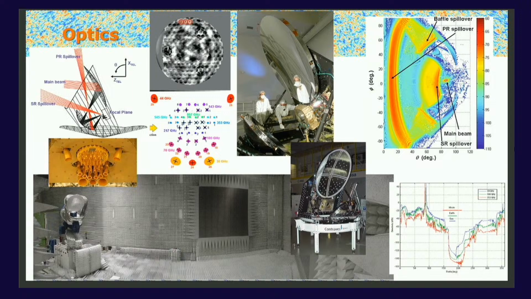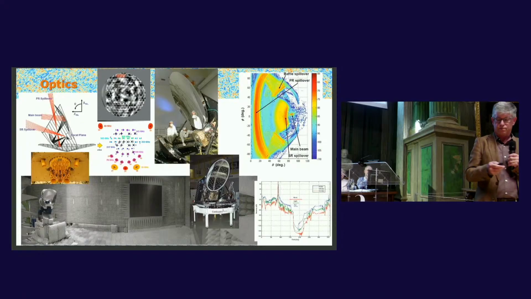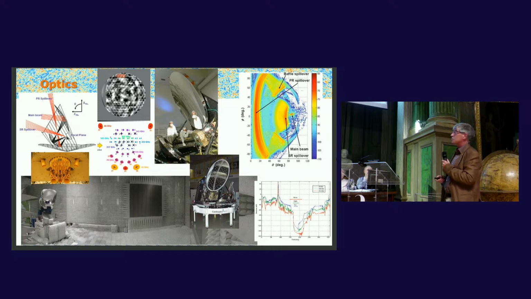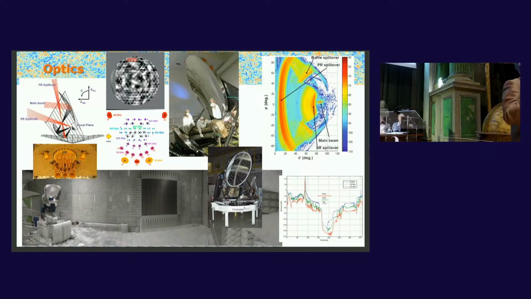Now, one of the things that we did on Planck was we spent a lot of effort in modeling the optical response of the telescope. So we did a lot of these things, mostly with GRASP as a tool. And the other thing we did was we spent a lot of time trying to characterize the telescope on the ground.